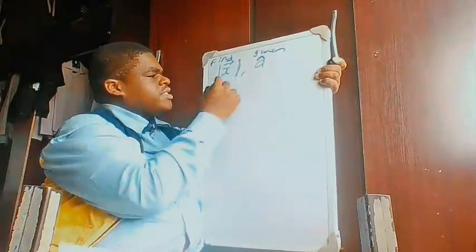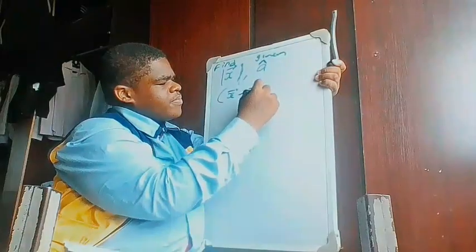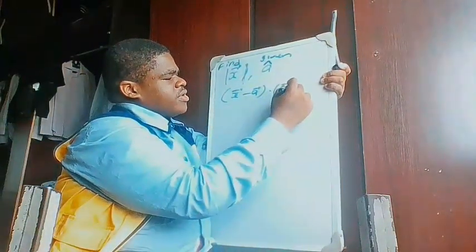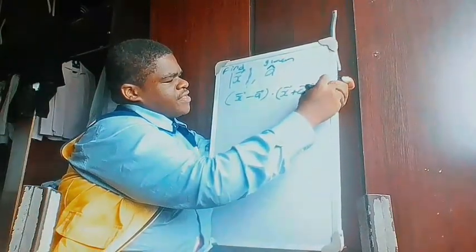We were also told that the vector x minus the vector a, dot product the vector x plus the vector a, is equal to 15.